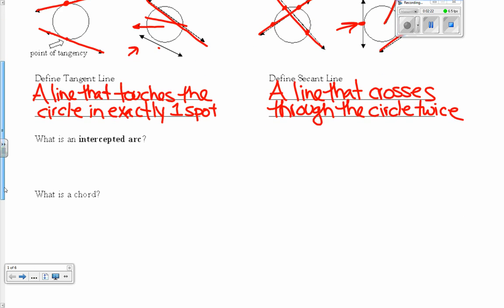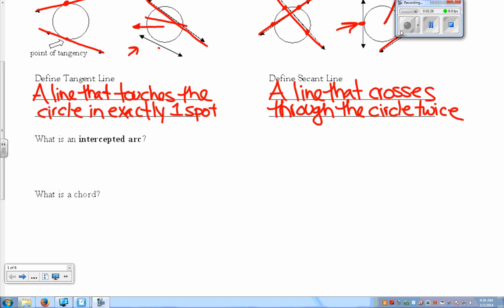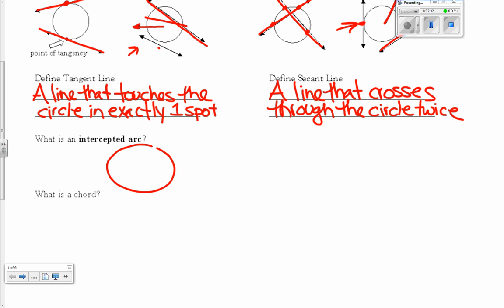All right, what is an intercepted arc? We've looked at these before. An intercepted arc is just when you have two straight lines across a circle. It's the part where they cross at the intersection. So for example, here's a circle. Let me draw two lines coming out of it. This part right here that I'm about to shade in black is your intercepted arc.